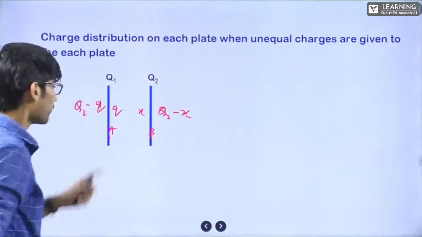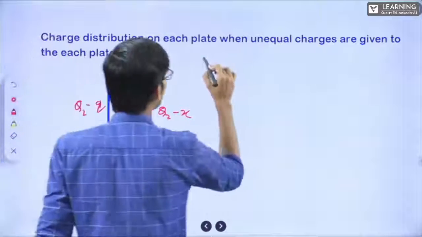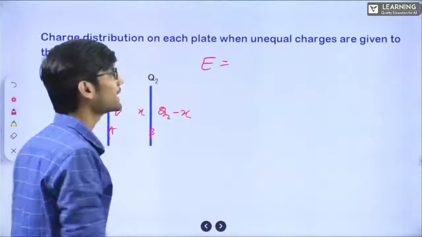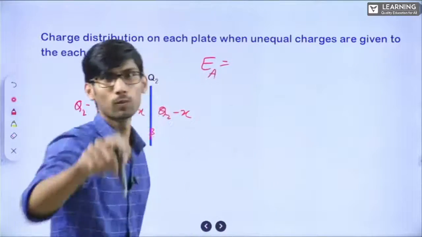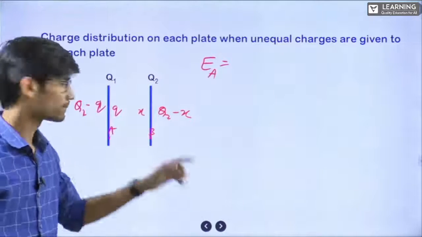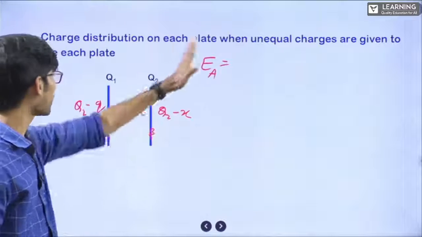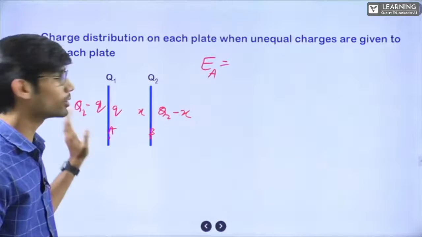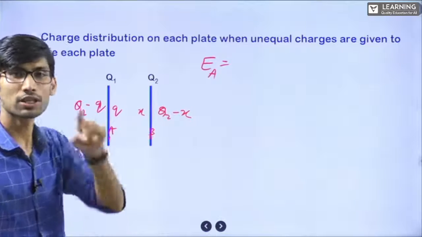For A point, since it is a conducting plate, electric field at A will be 0. Correct? If I write the electric field at A, due to all the charges present, the sum should be 0.